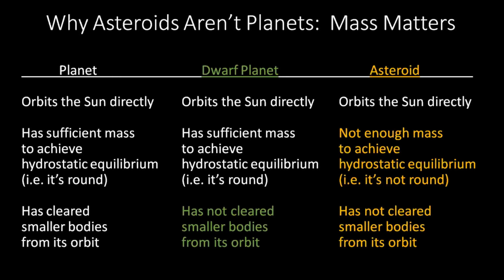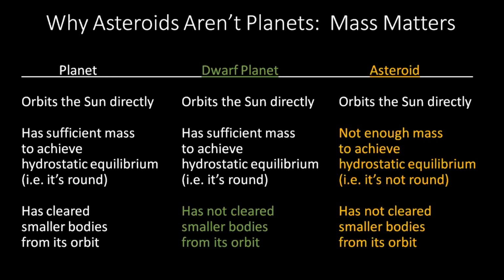If that gravity is pulling from all directions at the same strength, you're going to end up with a sphere. And if you have enough mass, that's what will happen. The definition refers to it as hydrostatic equilibrium, but all it really means is it's round.